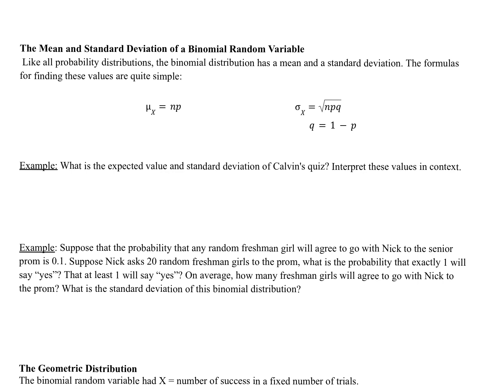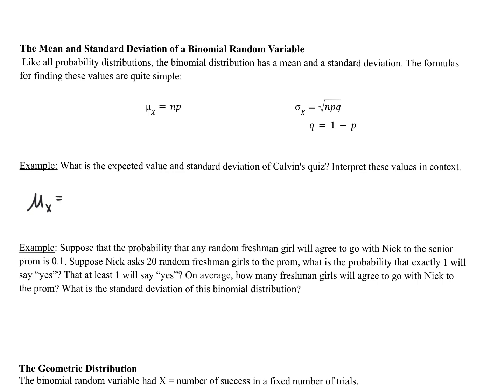The standard deviation is the square root of n times p times q. So number of trials times the probability of success times your probability of failure. So here's where that q equals 1 minus p situation. So for Calvin's quiz, we want to find our expected value, which is our mean, and our standard deviation. So how many questions is he expected to get correct?